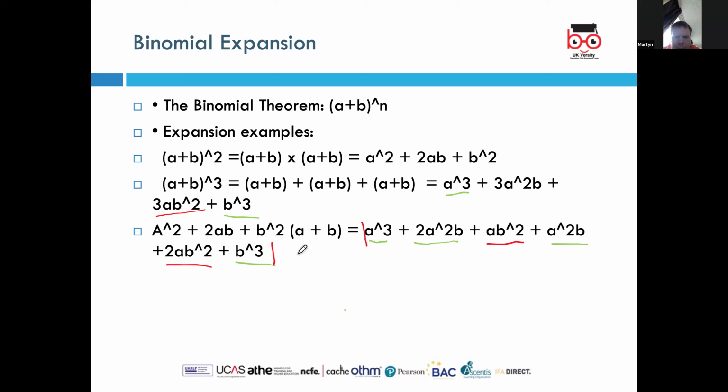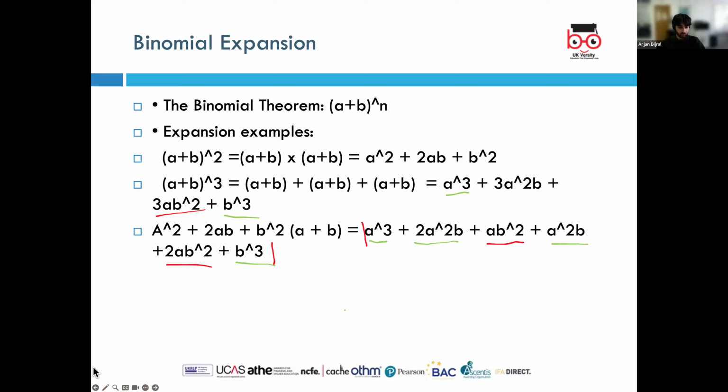Right. And then, what have we got left? So we need to get 3A squared B. Now we have 2AB squared. Sorry, hold on. Yeah, we've already dealt with this.